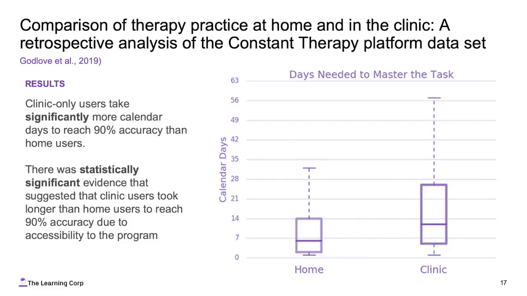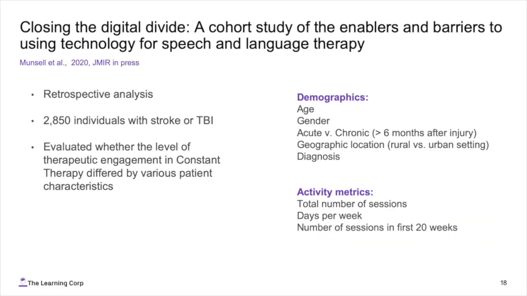Here's a second retrospective analysis that's to be published in the JMIR. It's called Closing the Digital Divide, a cohort study of the enablers and barriers to using technology for speech and language therapy. In this analysis, we looked at 2,850 people with stroke or traumatic brain injury. And what we wanted to understand was, were there any patient characteristics that were correlated with more or less therapeutic engagement with the Constant Therapy app?